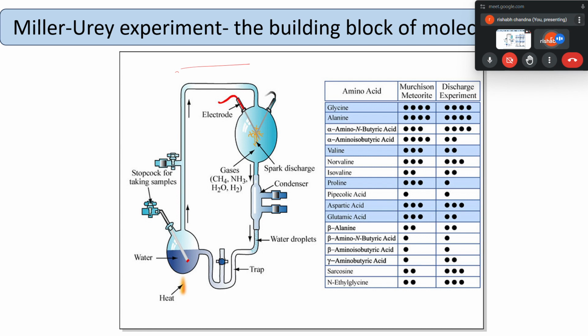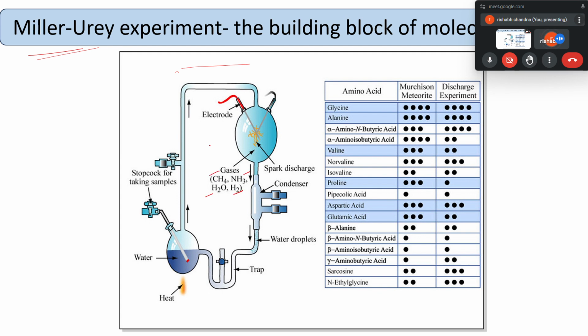The experiment was performed by Miller and Urey, and what they did was take a glass chamber in which they used electrodes for spark discharge. That was the explosion from different stars when they collided, along with the gases present at that time: methane, ammonia, water and hydrogen.